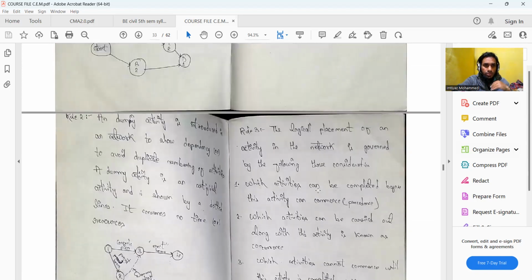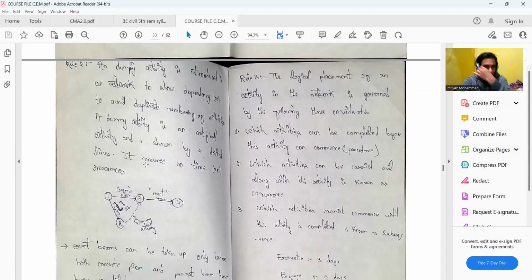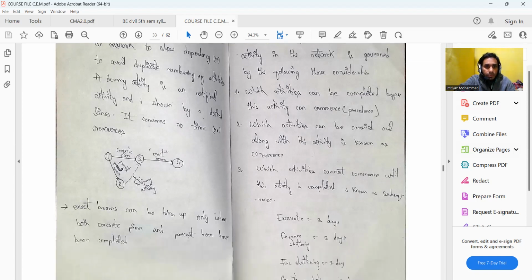Now rule two states that a dummy activity, an activity which doesn't consume any resources, is shown in the network to show the dependency and to avoid duplicate numbering of activities. This dummy activity is an artificial activity which doesn't consume any resources, that is, any time as well, and it is generally represented by dotted lines in the network diagram.